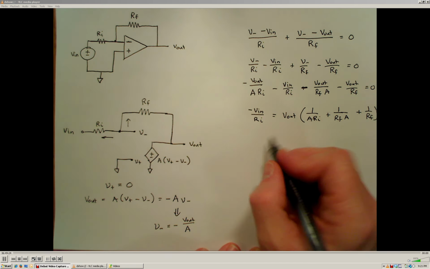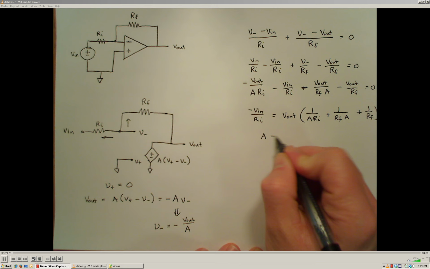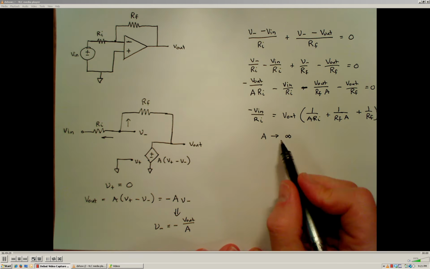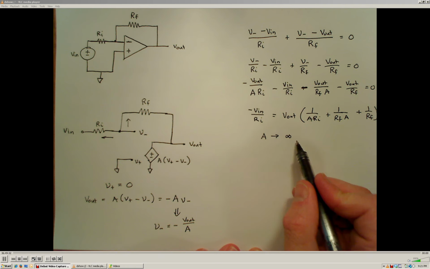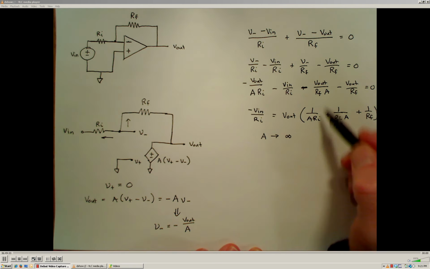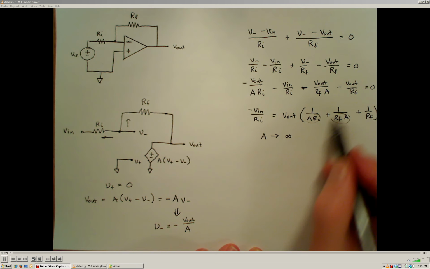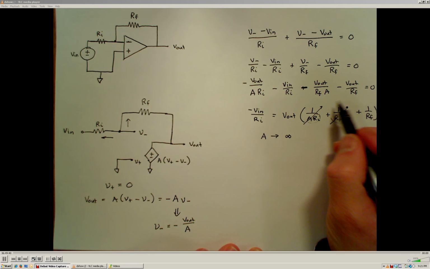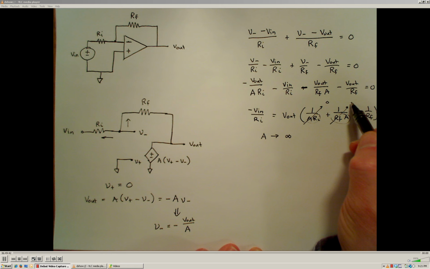All right, so now is going to be a good time to use the trick. Remember that we are assuming that the gain of the op-amp is nearly infinite. If I assume that in the limit that A goes to infinity, these denominator terms are going to become very large, which means the terms that have A in the denominator are going to approach 0.